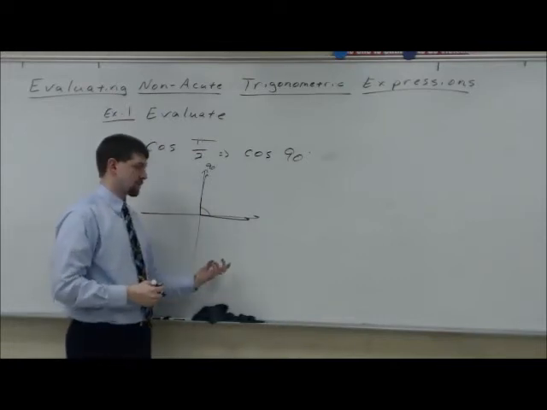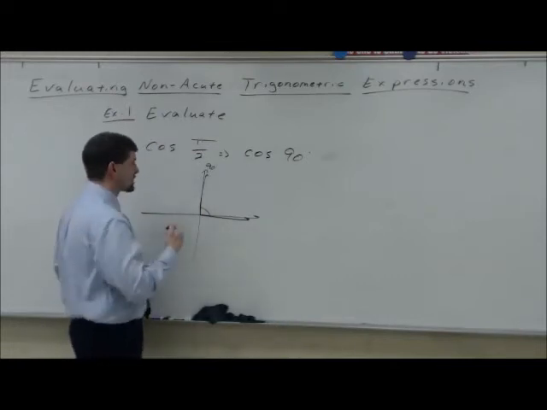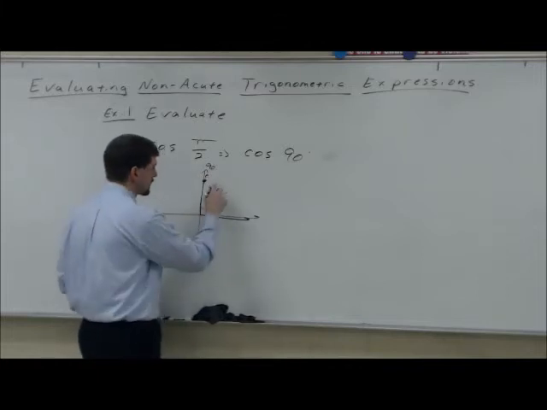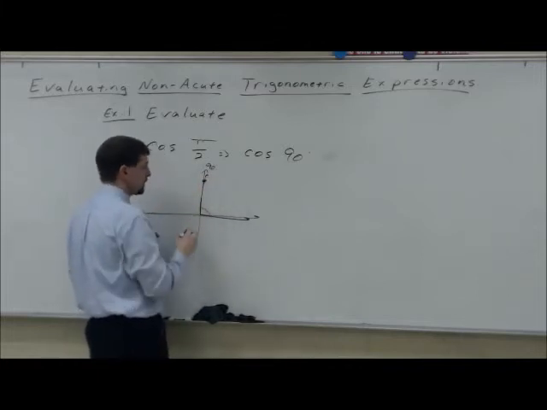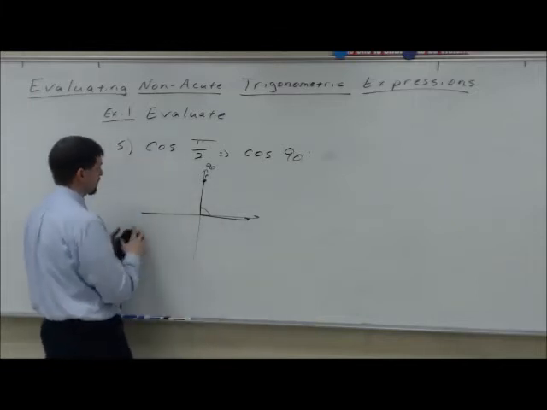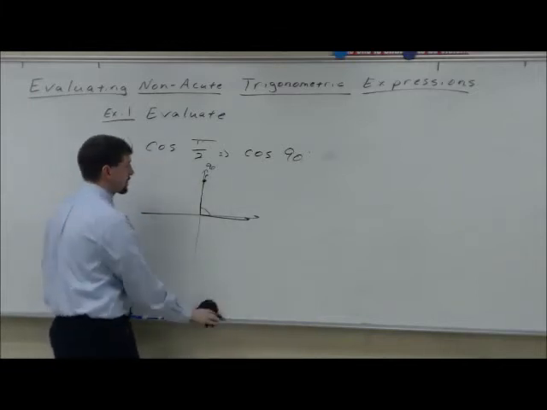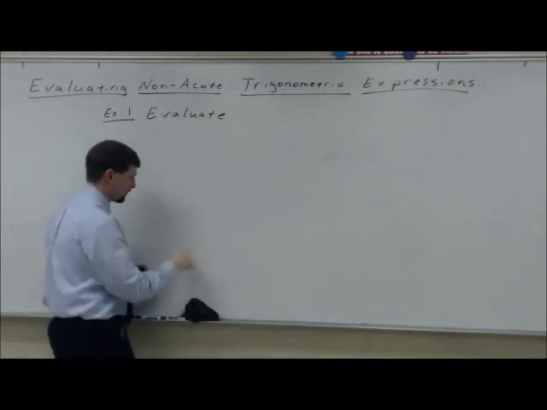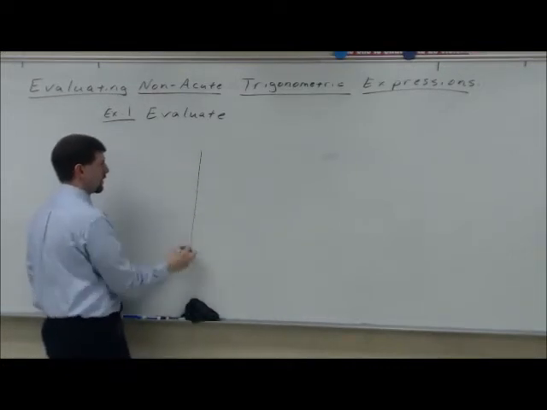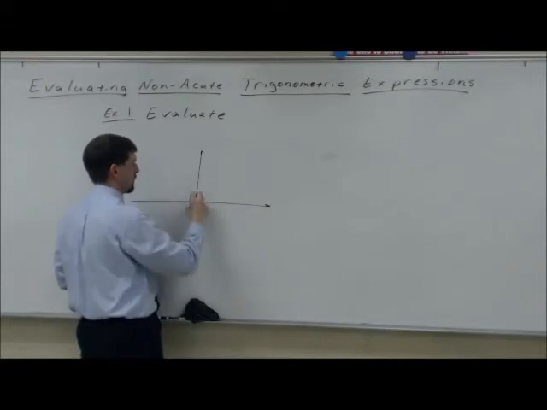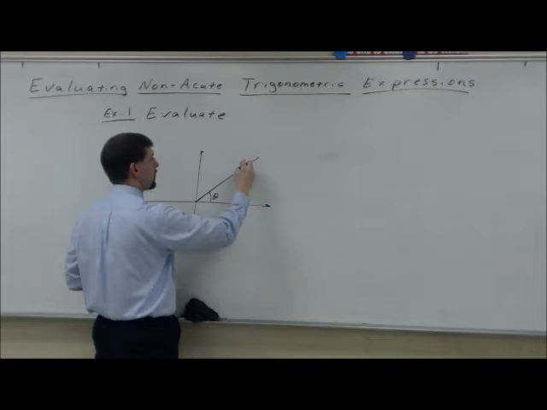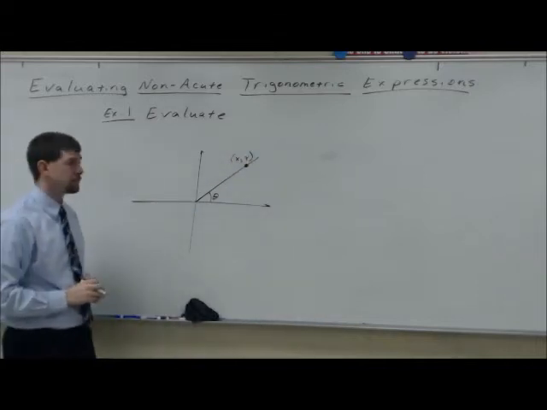Well, the other idea is similar to what I was just talking about with the points. If I look at a point on the terminal side of this, we can, let's just pause on that for a minute. We'll come back to that in a moment. Let's say I have any angle theta, and I've got a point (x, y) on the terminal side of that.